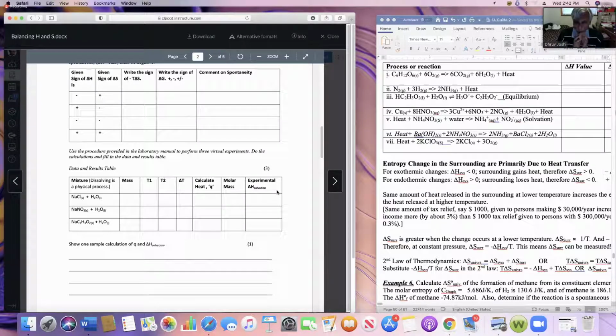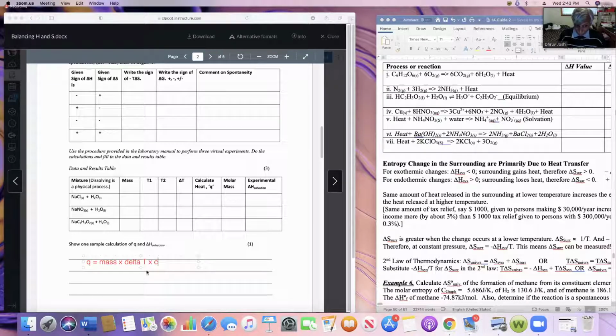So you are going to calculate Q, because you have the mass of the whole thing in the calorimeter, 200 point some grams, and you know the specific heat capacity, and you know the delta T, so you can calculate Q. Remember, we calculate Q like this: Q equals mass multiplied by delta T multiplied by specific heat capacity.